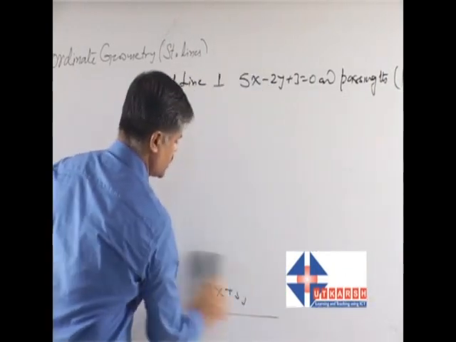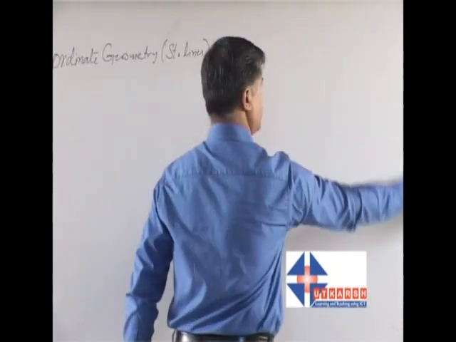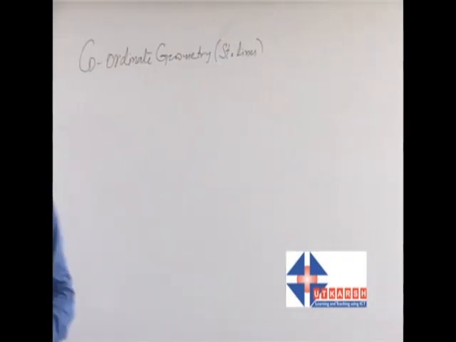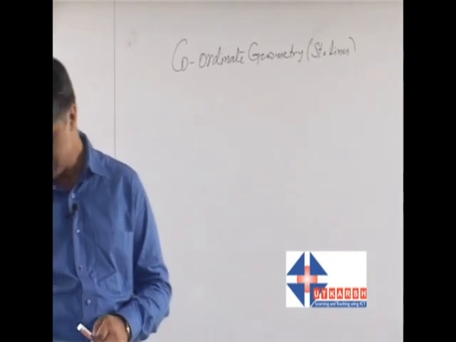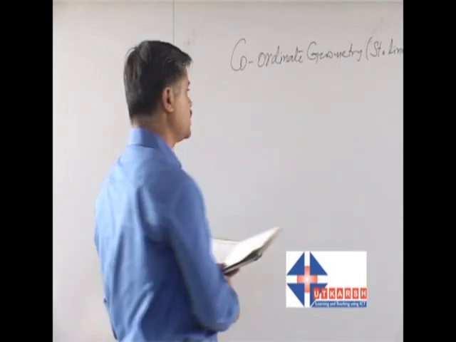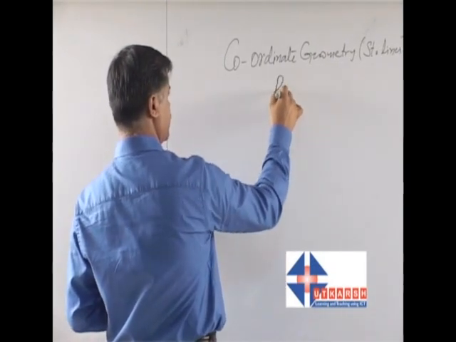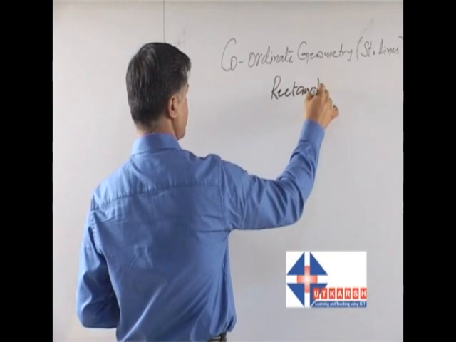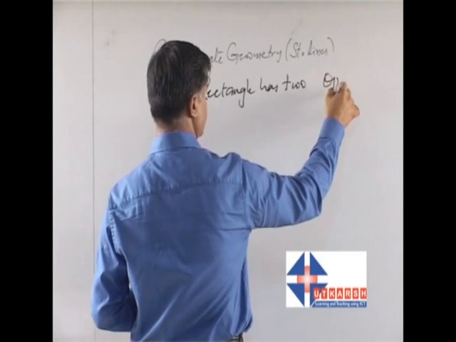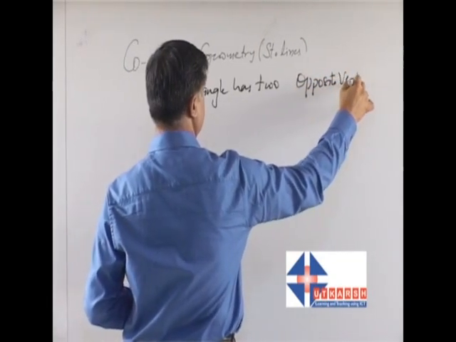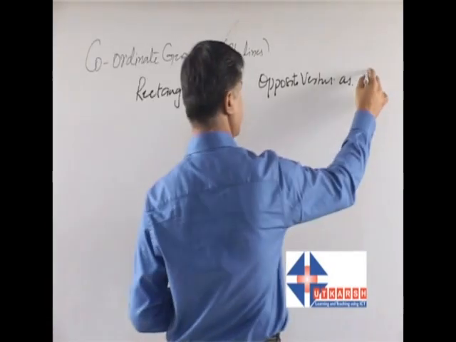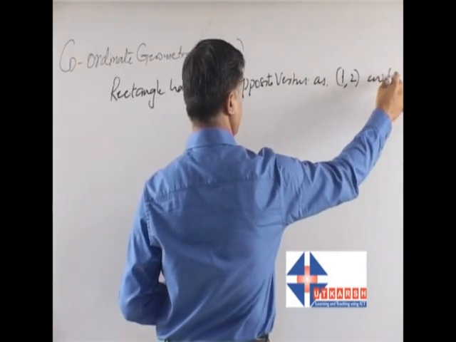Next, now your lines are over. Few basic questions on this I am taking. Question is, a rectangle has two opposite vertices as 1 2 and 5 5.